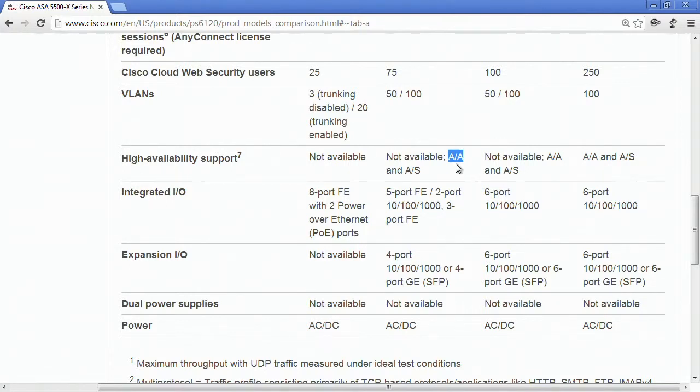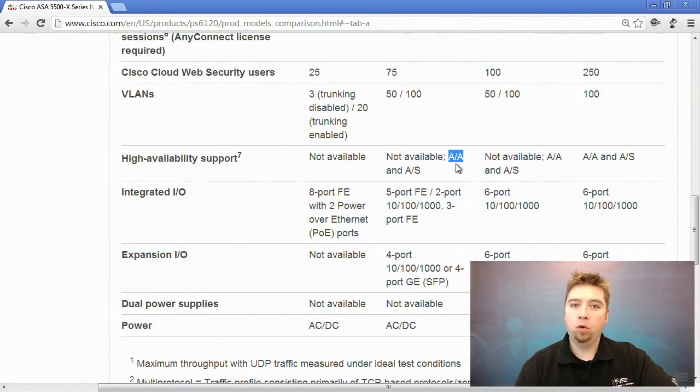You could think about this like how HSRP works in IOS versus GLBP, where HSRP says there's only one active forwarder, and GLBP says there are multiple ones at the same time. But this has to do with the context.